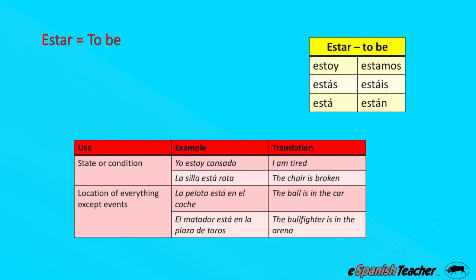A lot of people look at the state or condition as being something that's temporary, that could change in a moment's notice. And generally, that's a good guideline to think about it as. So I could be tired right now, but I might take a 5-minute nap and feel refreshed and energized, and I'm no longer tired.